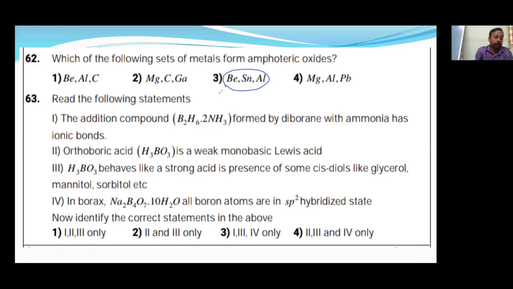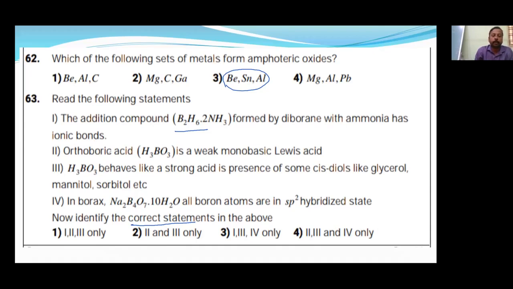If you have any objection from the NCERT, you can let me know. Again, this is also a multi-correct option. So read the following statements. Now identify the correct statement from the above. So the answer to this question is: addition compound formed by diborane.